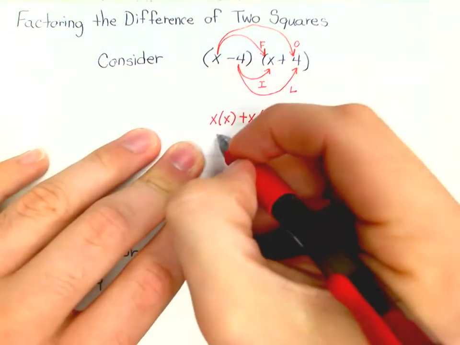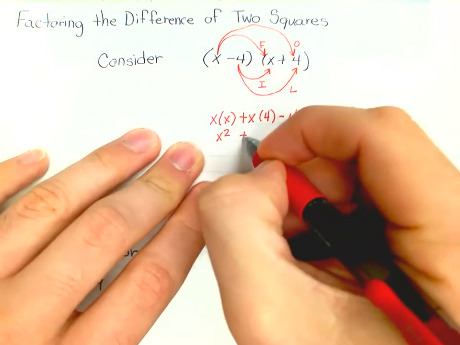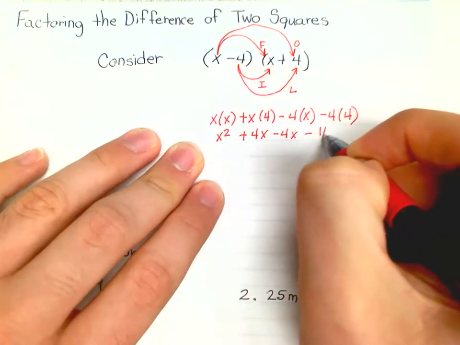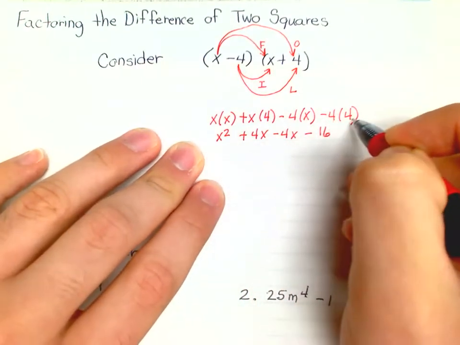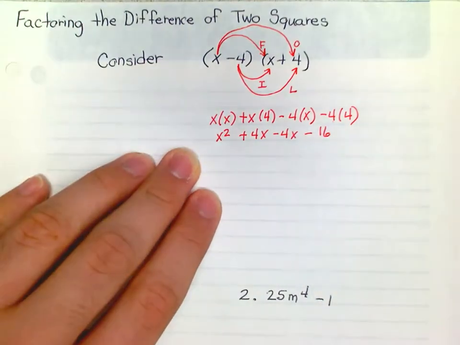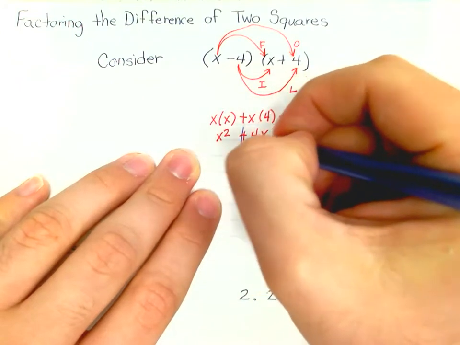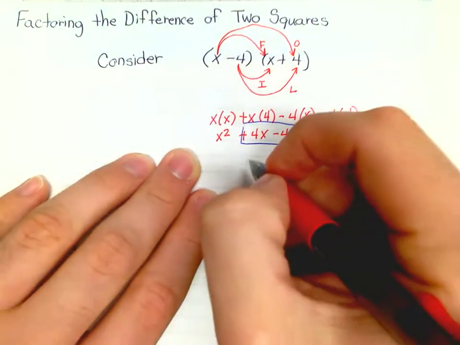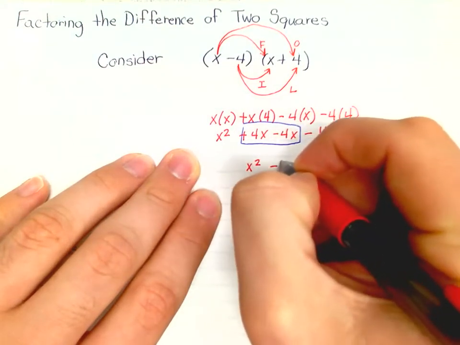We go through and simplify. We'll have x squared, plus 4x, minus 4x, minus 16, the product of negative 4 and 4. If we simplify this further, the middle term goes to 0, so we're just left with x squared minus 16.